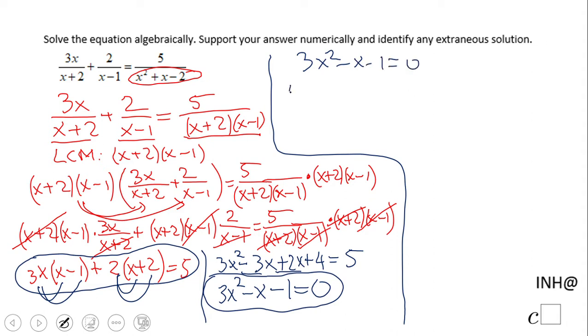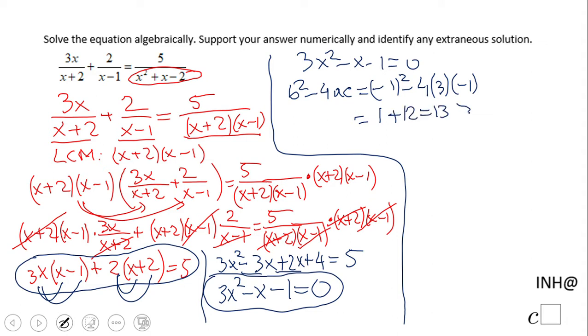So the first thing I'm going to do is the discriminant, b squared minus 4ac. So this one is going to be negative 1 squared minus 4 times 3 times negative 1. And that will be 1 plus 12, that will be 13.